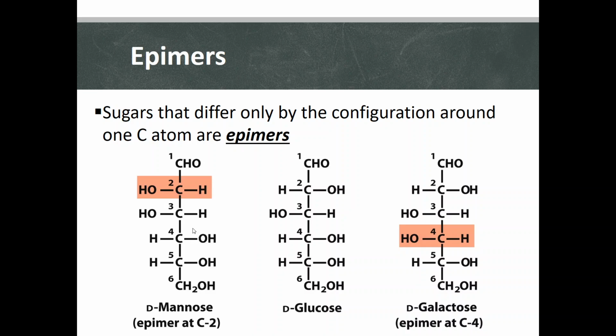So if you compared it to D-glucose, you would differ in configuration at carbon 2 as well as carbon 5, which would not satisfy the definition of an epimer. Sugars that differ only in configuration around one carbon atom are epimers. So D-mannose and D-glucose are C2 epimers, but L-mannose and D-glucose would not be epimers. Just take note of that.